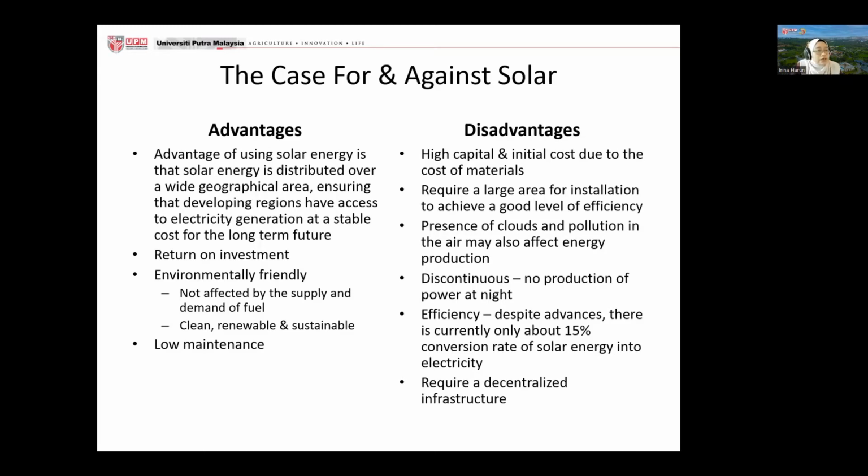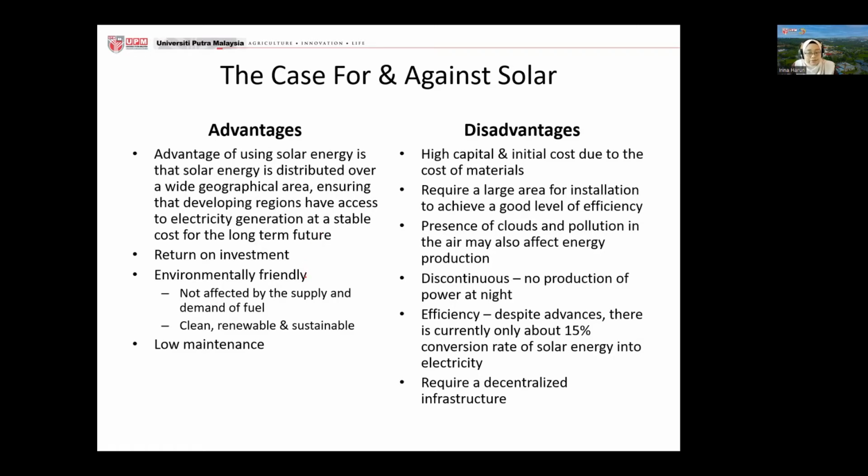So in winter, they're going to have a bit of a problem. But for us, it's almost available year round. Even if it's raining, there is still some light that you can harvest. So these regions actually have access to electricity generation at a stable cost, for long-term use.